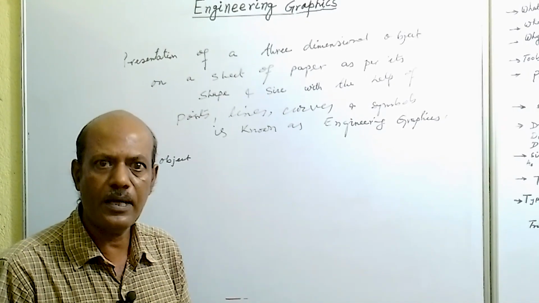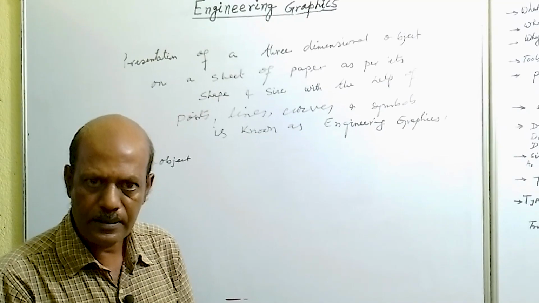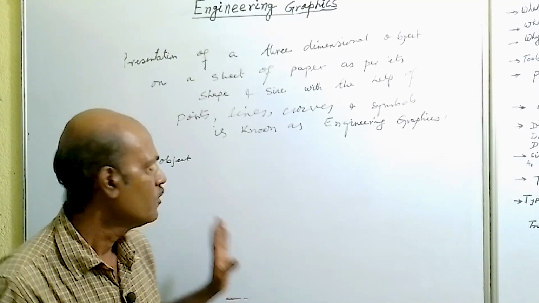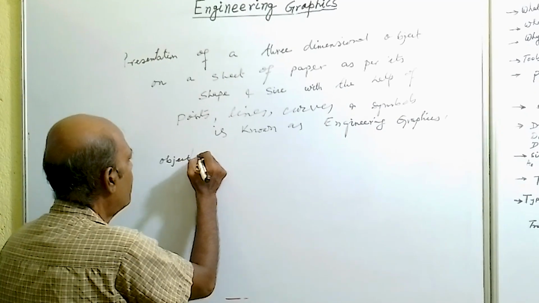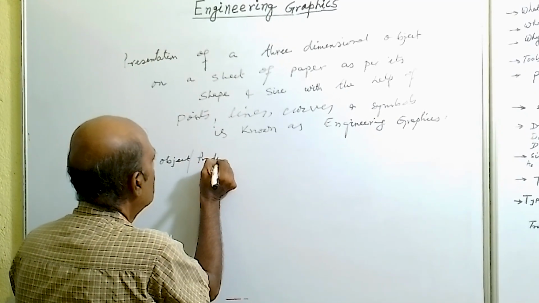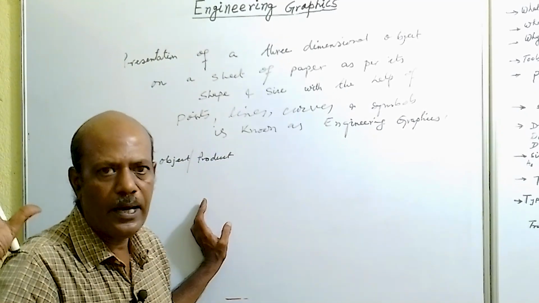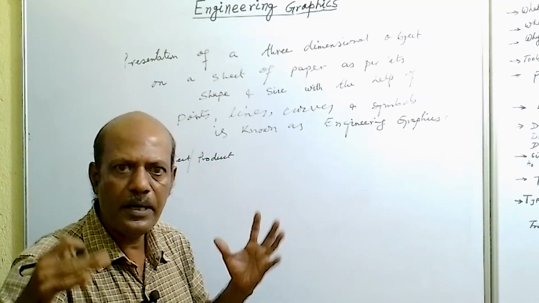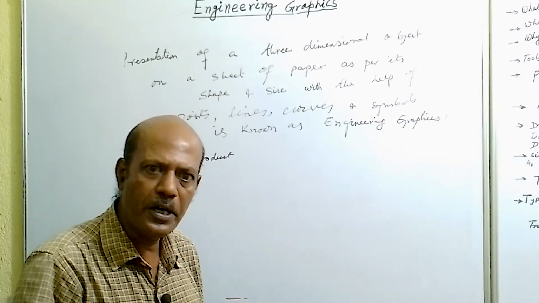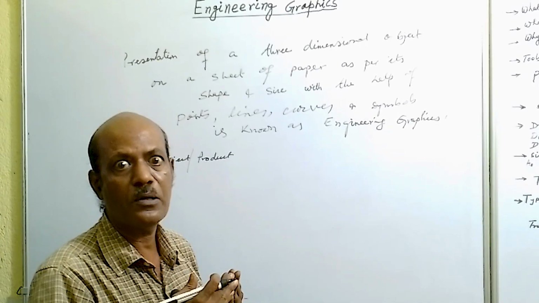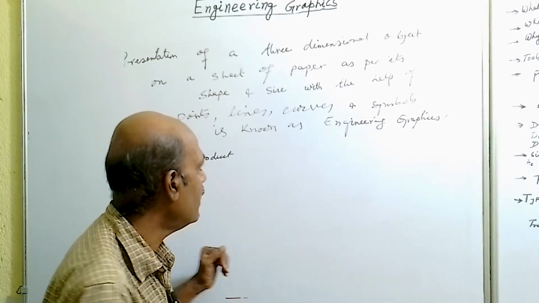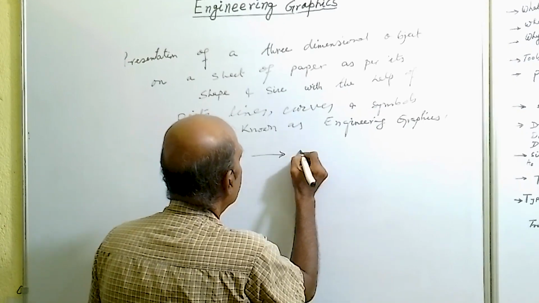It may be some engineers or some designers or some other person. So every object, or you can say a product, is the idea conceived by some engineer or designer, and then that idea is transferred to other mind with the help of engineering graphics.